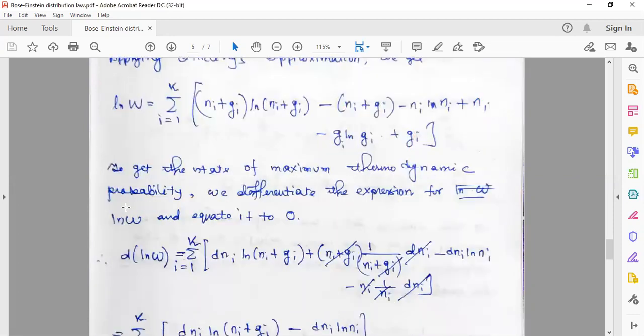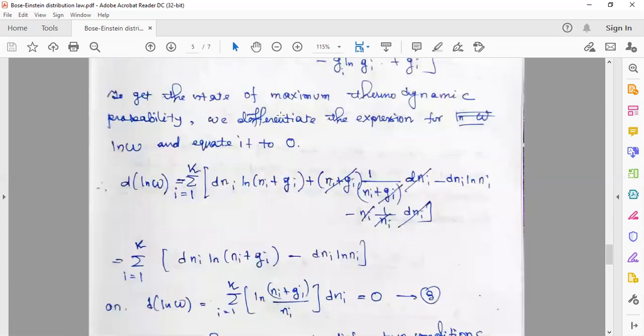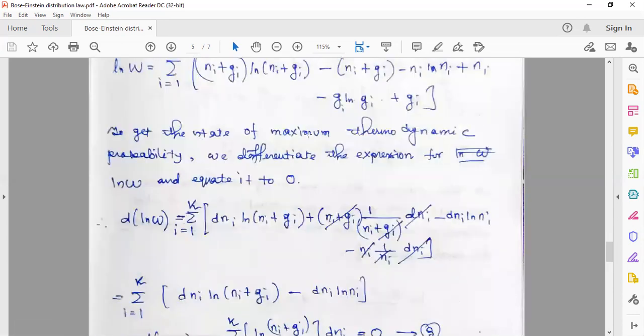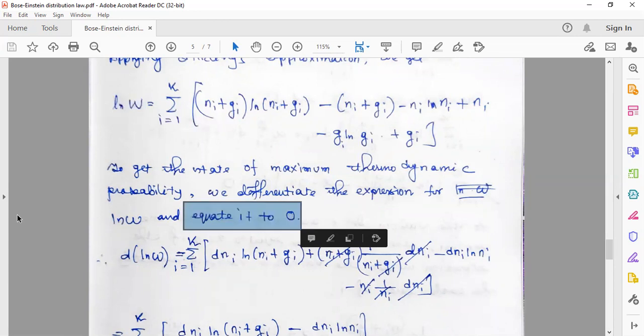Maximum thermodynamic probability is what we have to find out. To get the state of maximum thermodynamic probability, we have to differentiate the expression for this logarithm of W and make it equal to 0.